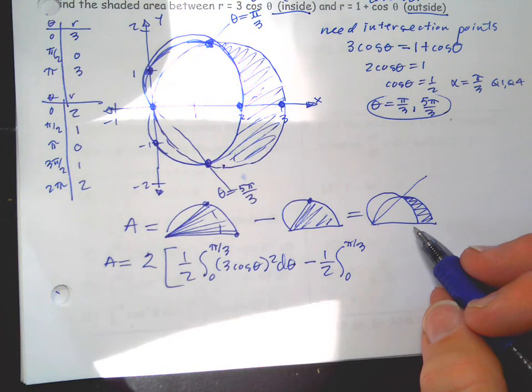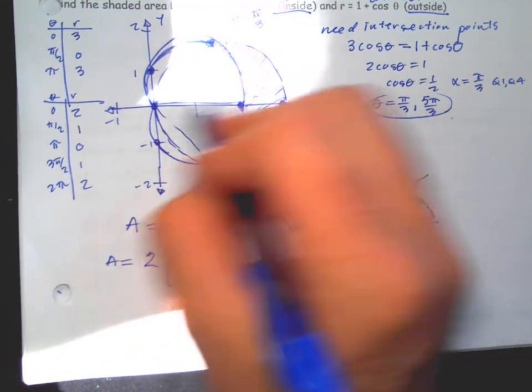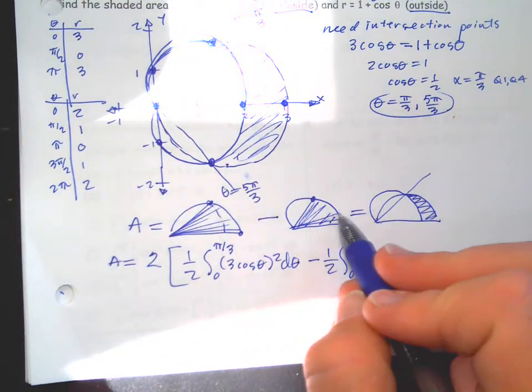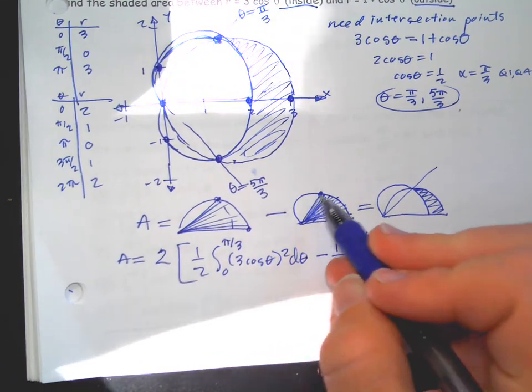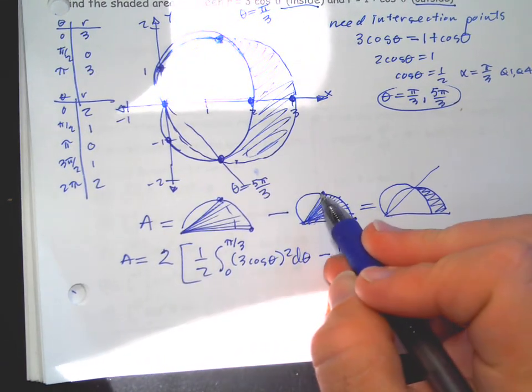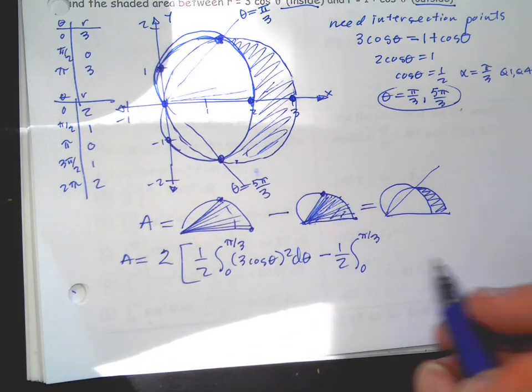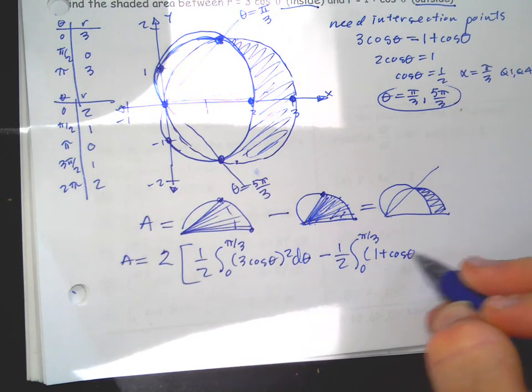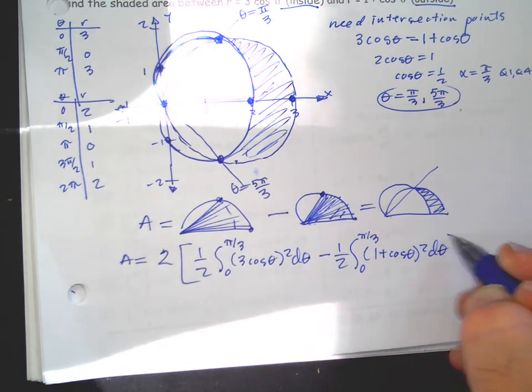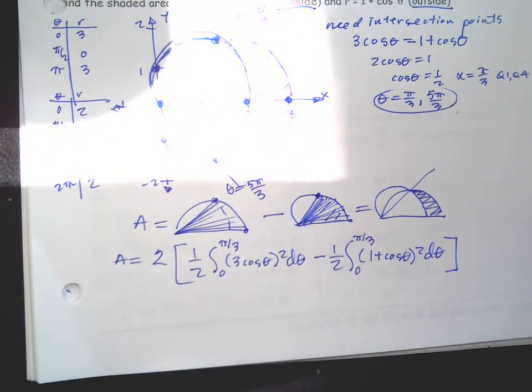Because it starts here at 0 and it's going like this, that's how you accumulate the area. And so we just stop it right there. We start it right here and we stop right there. So that one's going to be 1 plus cosine theta squared d theta. So that's the setup right there.